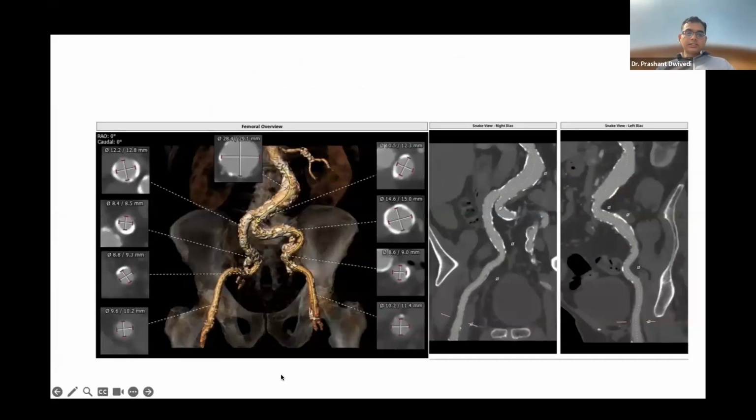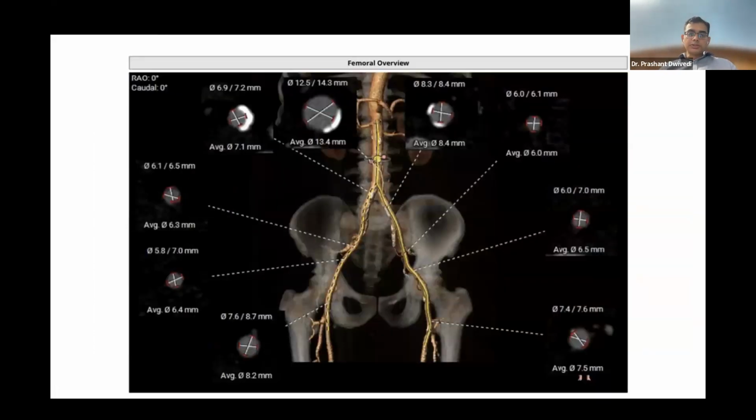This is another case example where you can see significant tortuosity across the right and left common iliac and external iliac arteries, and there is significant calcium also. So this may increase the risk of vascular complication during the procedure, and may also make it harder to negotiate the valve across the aorta. So here we require a stiffer wire to proceed with the procedure.